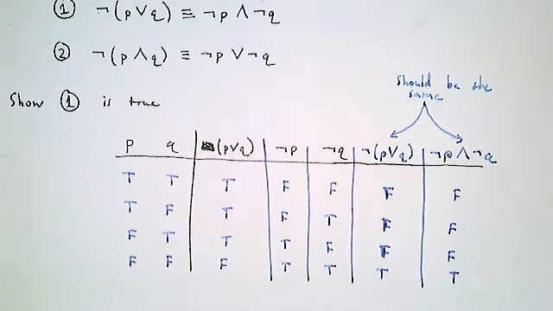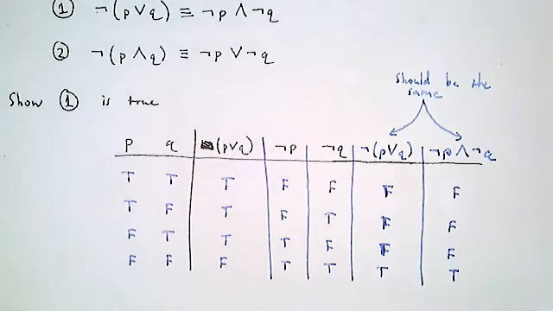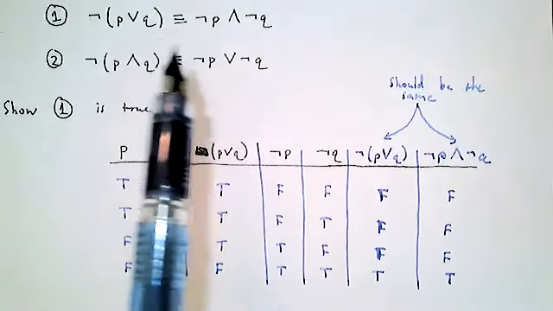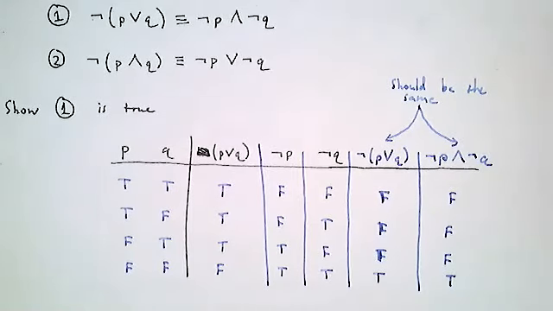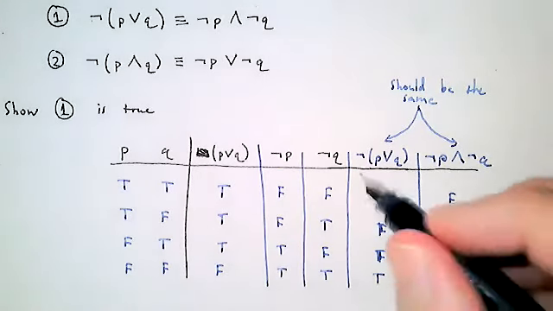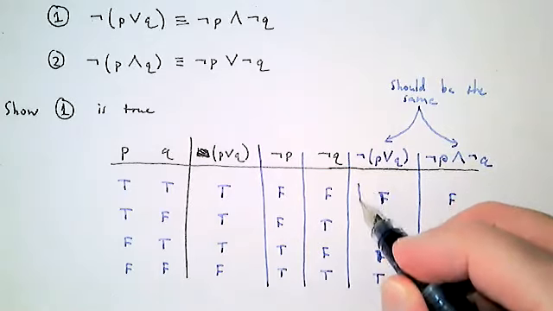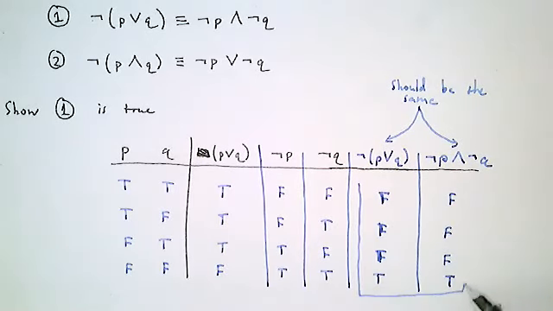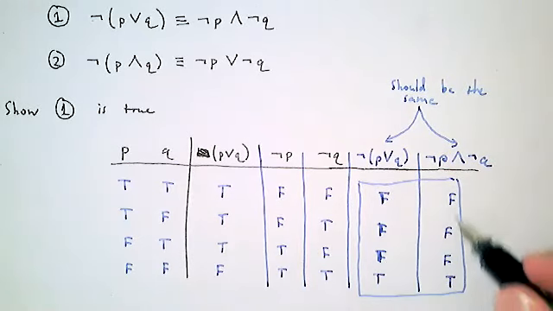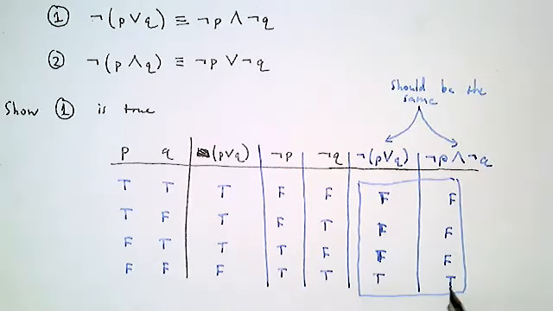Okay. So now that we've completed the truth table, are our 2 statements logically equivalent? Are these 2 columns the same? Yes. Right. So we have false, false, false, and true.